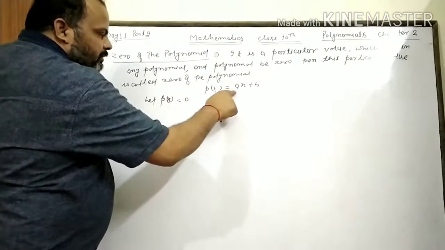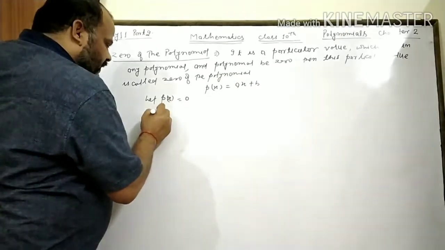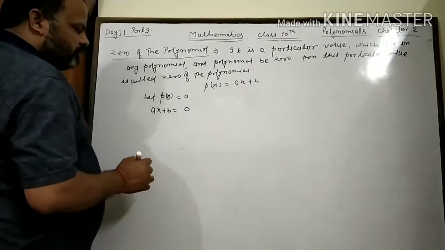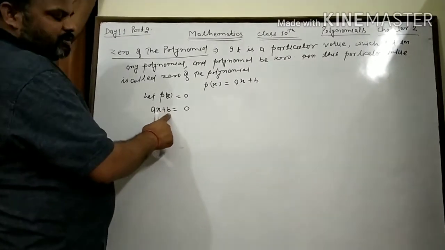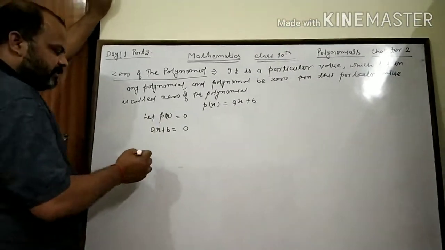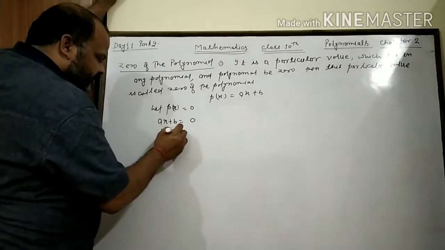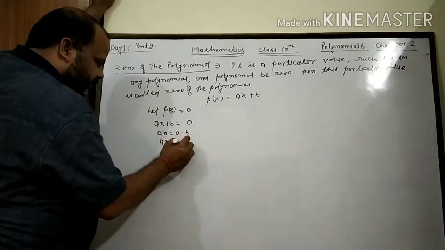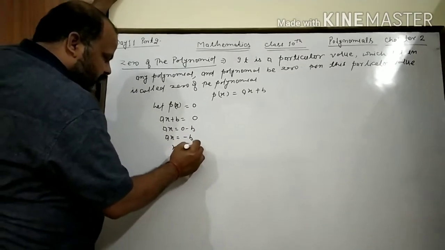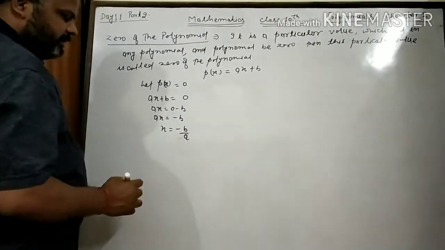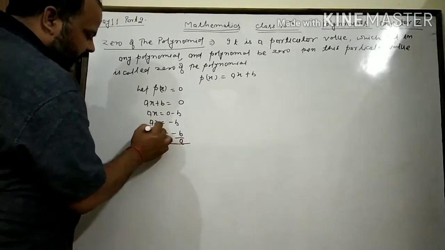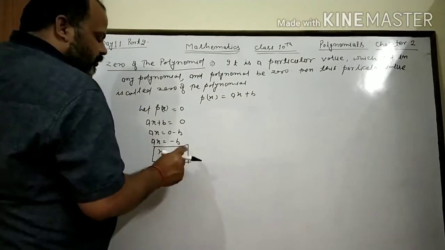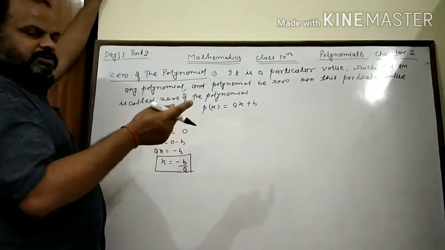The value of p(x) is ax plus b, so ax plus b is equal to 0. Here a and b are the constant terms and x is the variable. Then ax is equal to 0 minus b, ax is equal to minus b, x is equal to minus b upon a. Clear? Here x is equal to minus b upon a is the particular value at which this polynomial is 0.